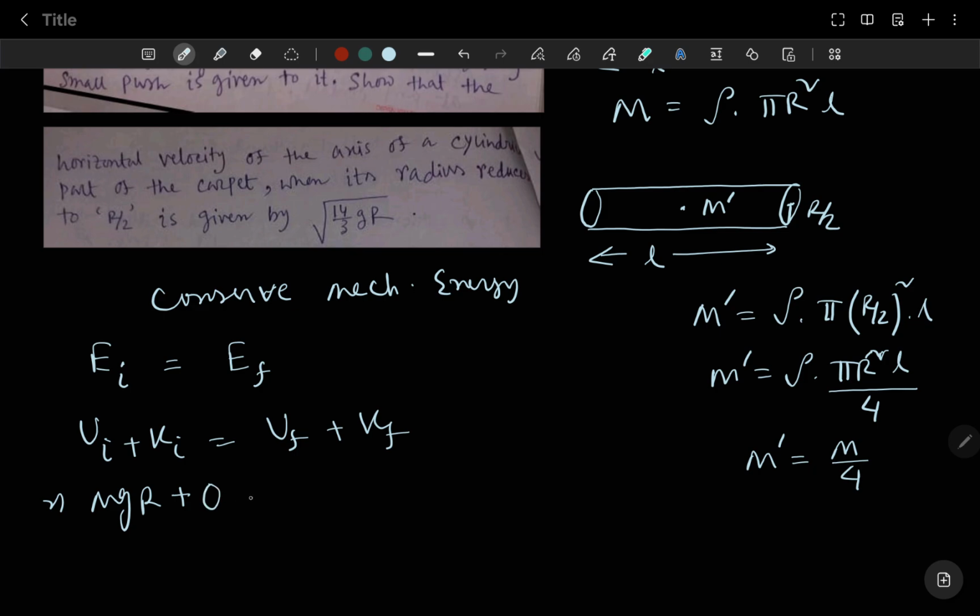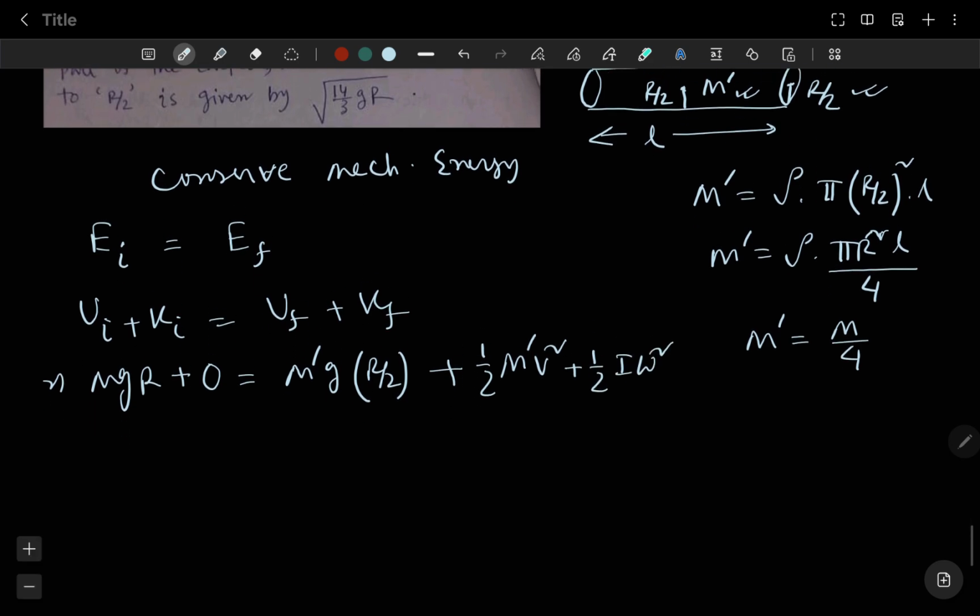The initial kinetic energy was 0. During the unrolling, when the radius is R by 2, the center of mass is at a height of R by 2, with mass m dashed. So the final potential energy will be m dashed g R by 2. And the kinetic energy will be the rolling energy: half m dashed v square plus half I omega square.